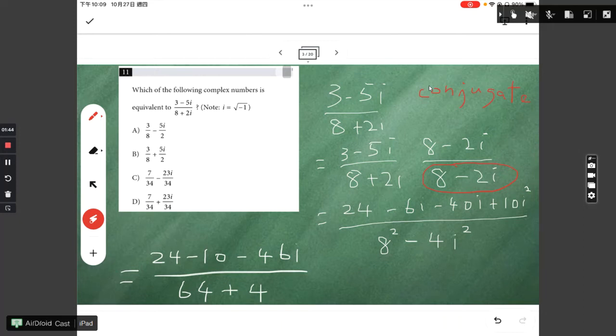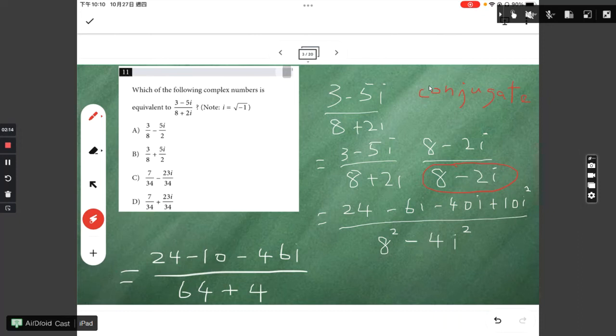Once we do that, let's start with the denominator first. The denominator is 8 plus 2i times 8 minus 2i. According to the special binomial product formula, a plus b times a minus b equals a squared minus b squared.